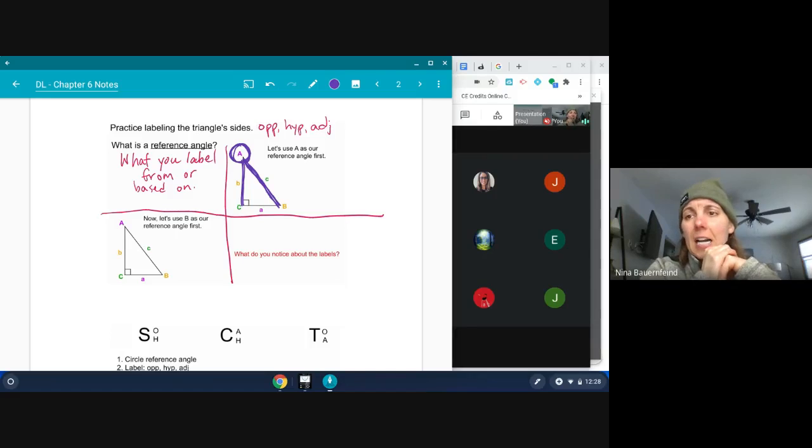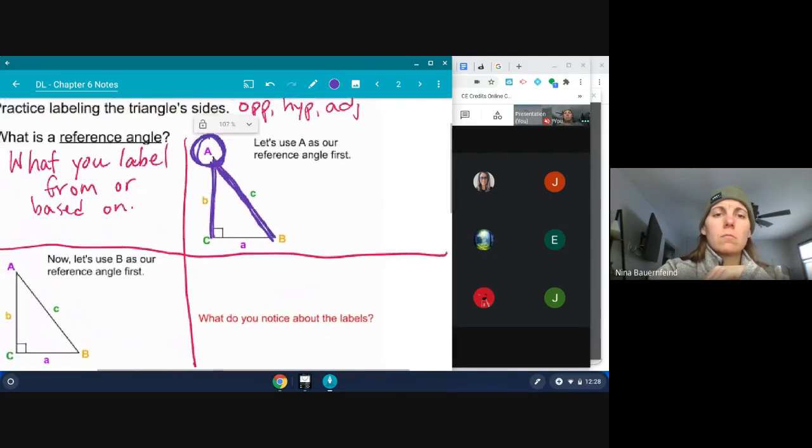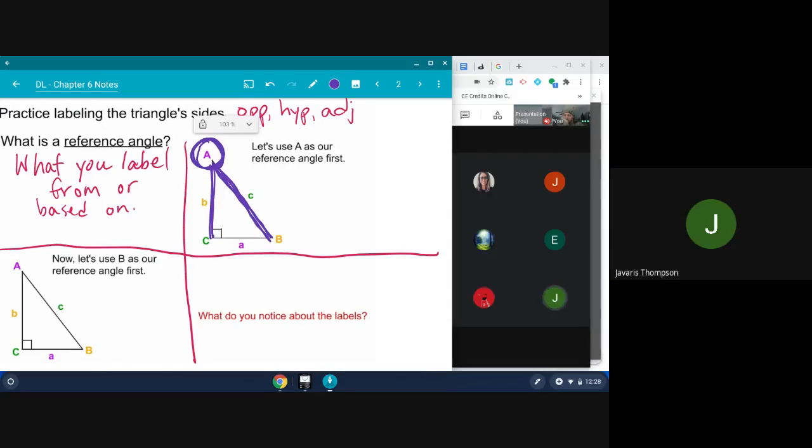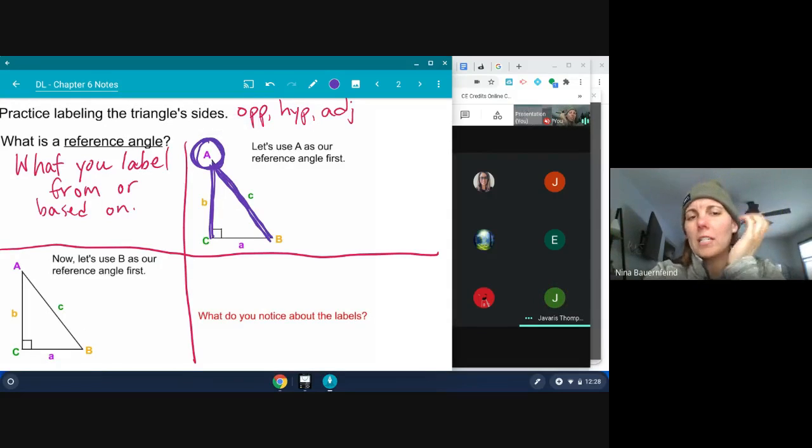The bottom one? Yeah. A, lowercase a, right? So the one that's not touching is called the op.